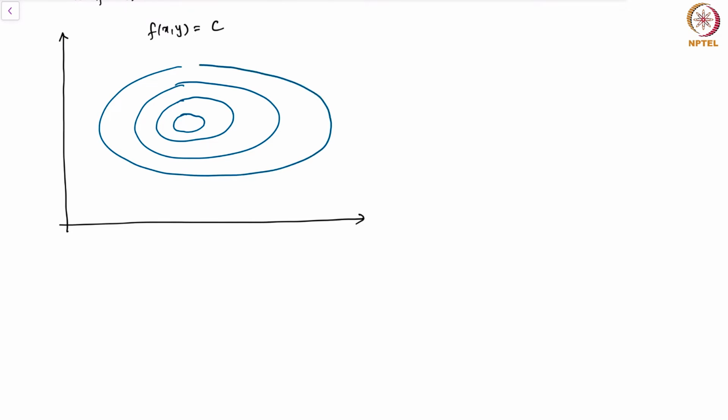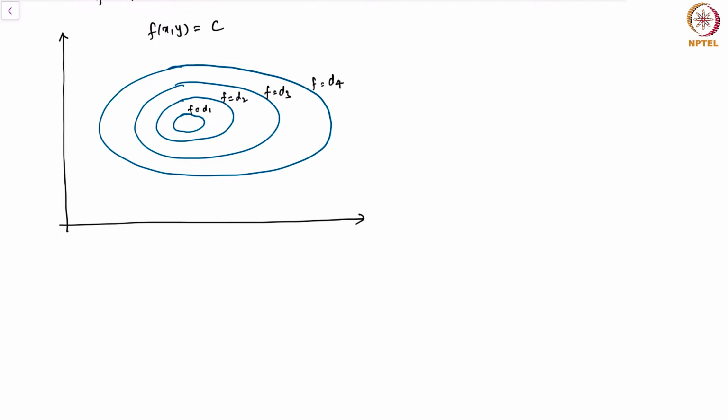So contours are, remember, lines, iso values of this function, which means that along a given curve, the values of the function are constant. So each of these curves correspond to specific values. For example, here I could be having, I'll just use shorthand notation, f equals d1, f equals d2, f equals d3, f equals d4. These are all some known constants, right?